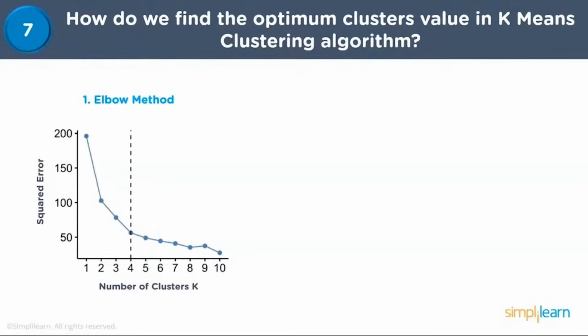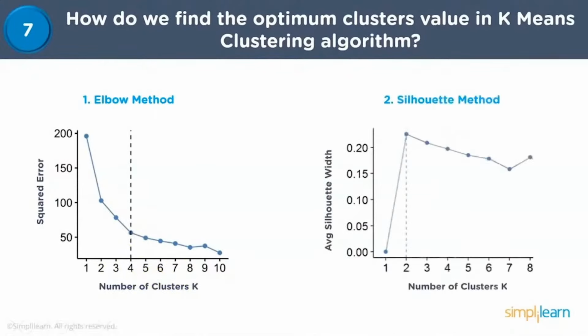In the plot of squared errors versus the number of clusters k, you can see at k equal to 4, the squared error starts to diminish. So our optimum k value is 4. Next we have the silhouette method. The silhouette method measures how similar a point is to its own cluster compared to other clusters.